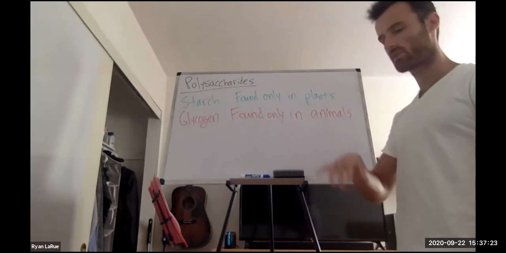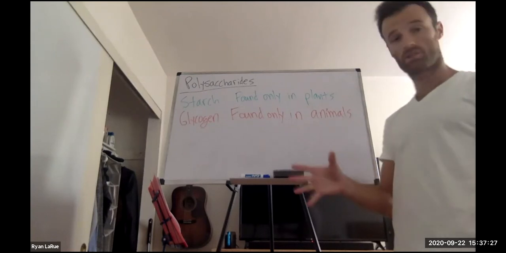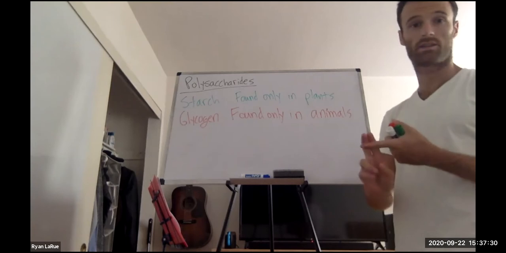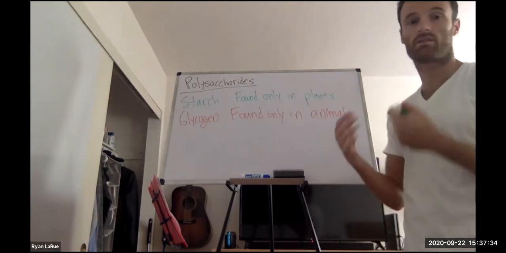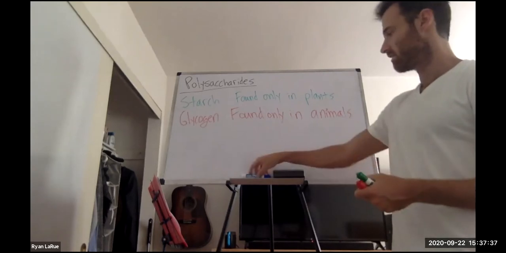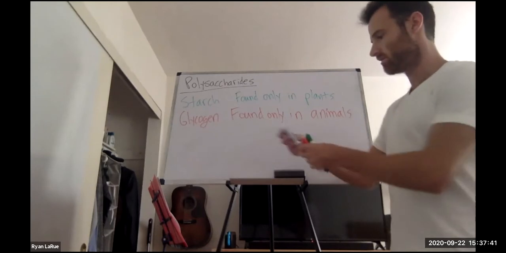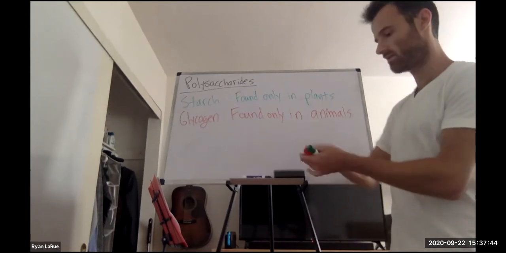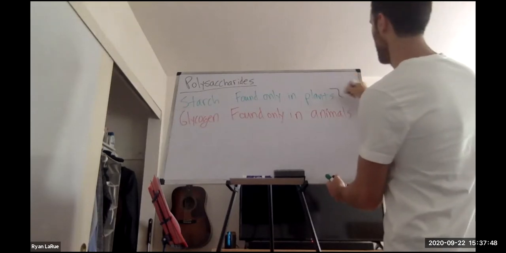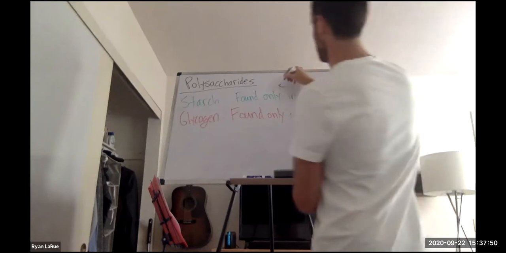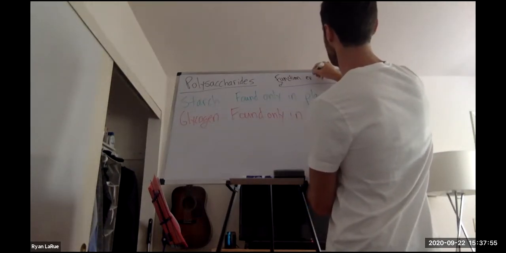But the important function for starch and glycogen is the same. Found in different organisms, but same function: storage of energy. So I'm going to bracket these two and write function, energy storage.